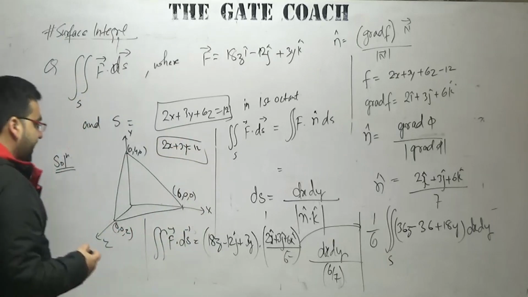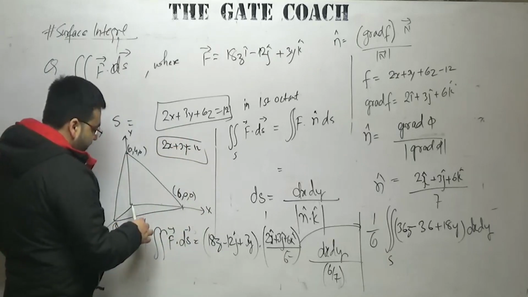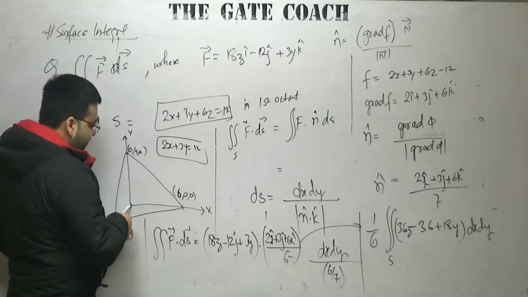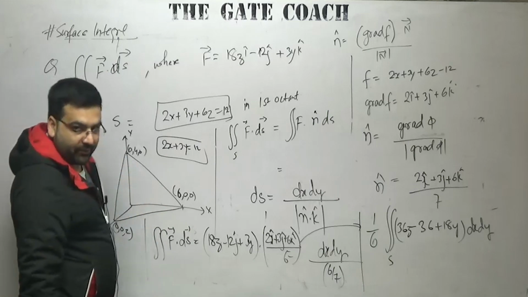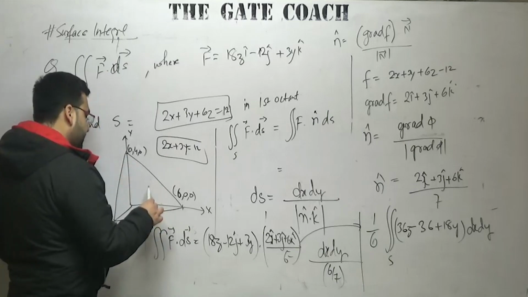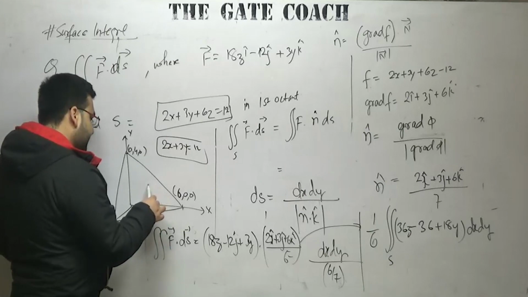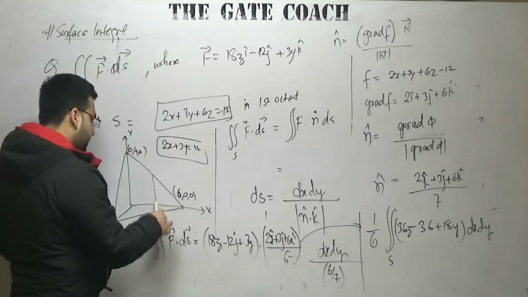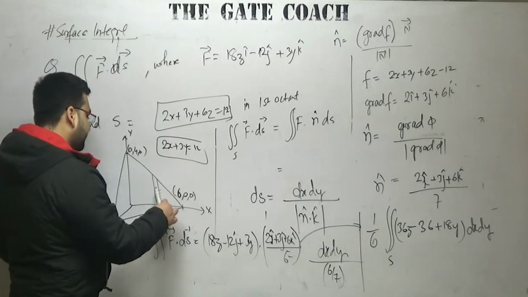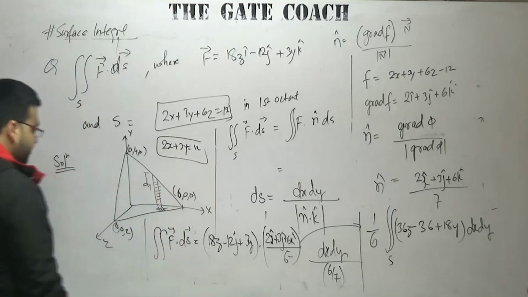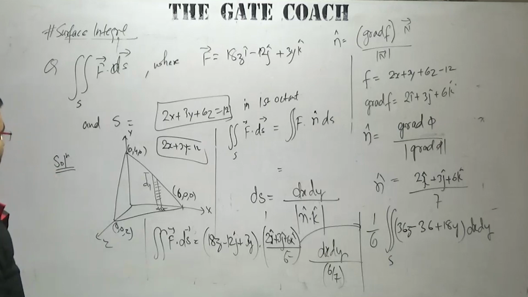Or what you can do is that in this plane, x is going from 0 to 6, right? Y is going from 0 to 4, right? You can take a strip here. Let us say this is the strip which you have taken in the xy plane. This is my dy. This is my dx. Clear? A strip has been taken at z equal to 0.